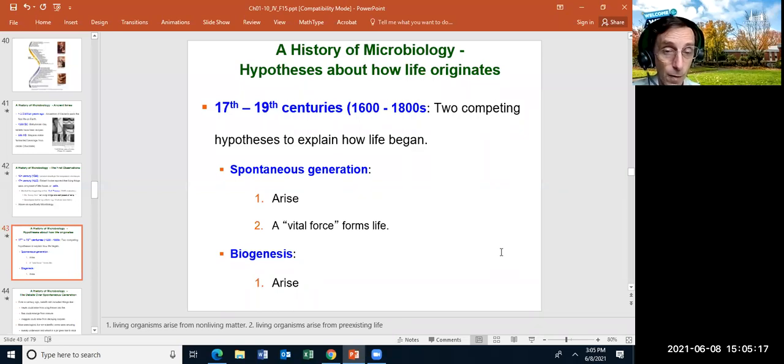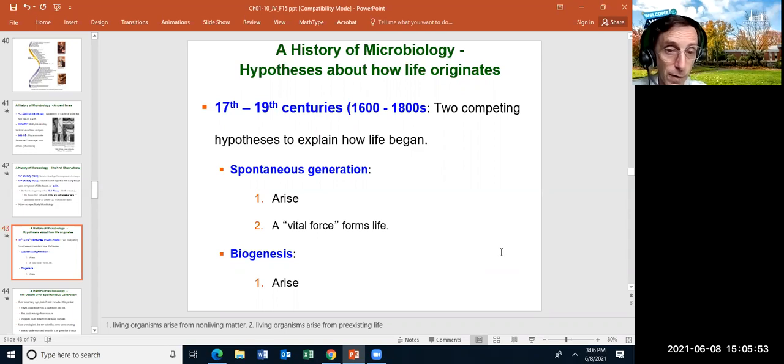The first was that life spontaneously generated, and that was given the name spontaneous generation, where life arises from non-living things, non-living substances, and the theory was a vital force came in, and then the substances could be converted by spontaneous generation into a living organism.